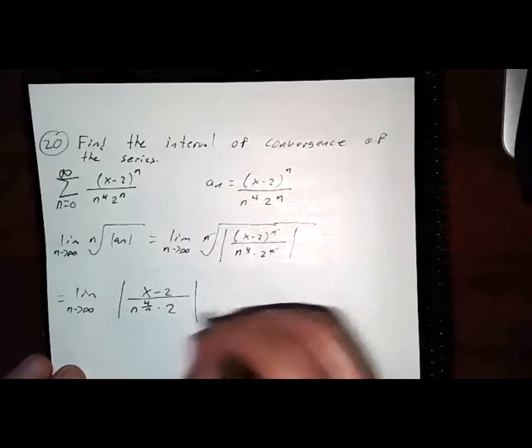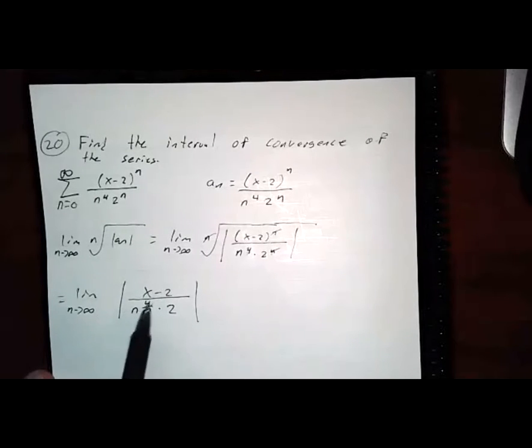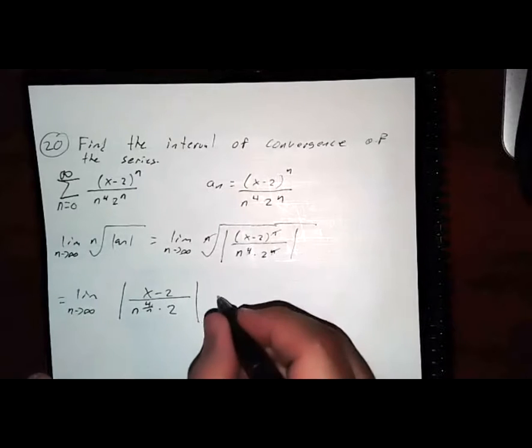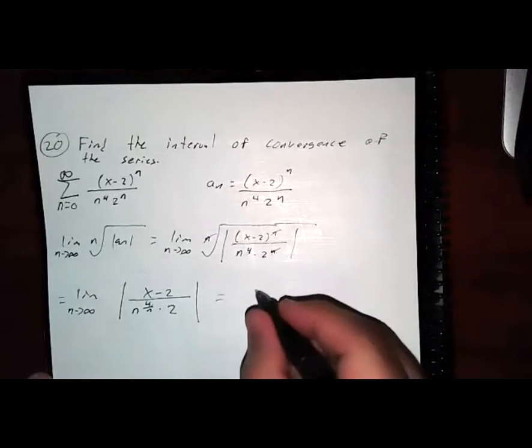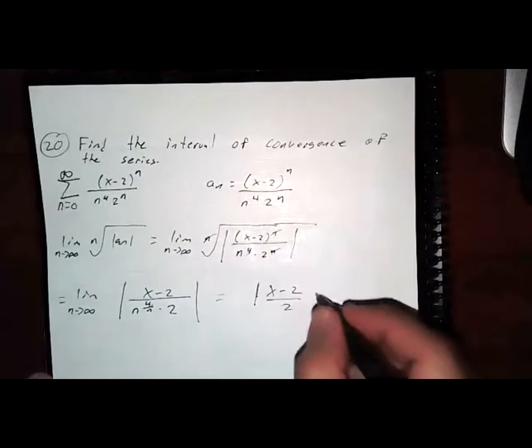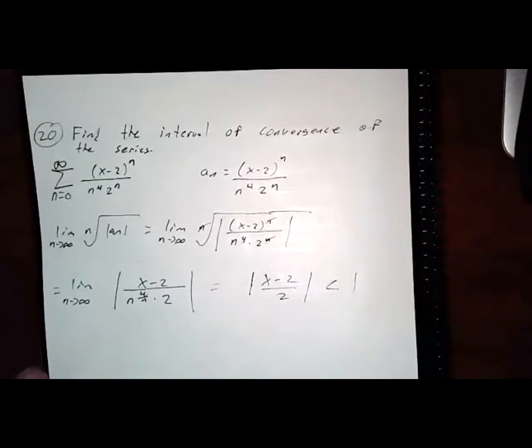So take the limit, and this will go to 0, which means this goes to 1. So the limit ends up giving us the absolute value of x minus 2 over 2, and that must be less than 1 for convergence. So solve for x.